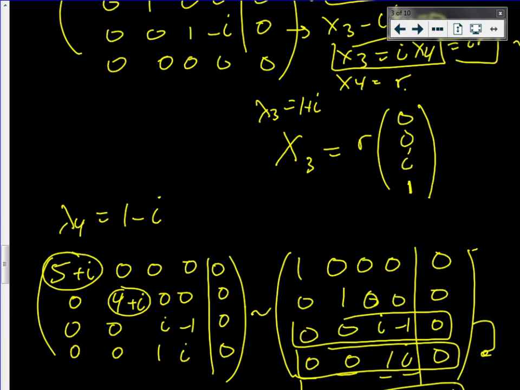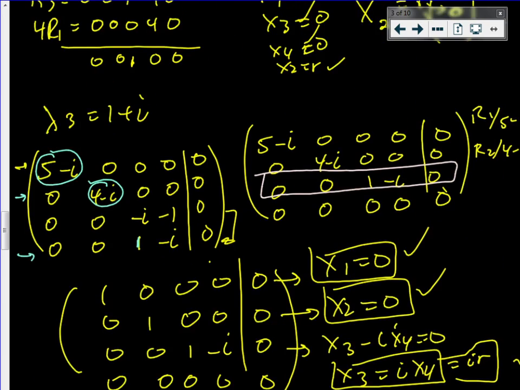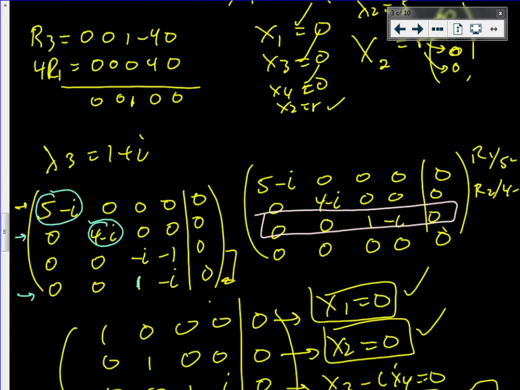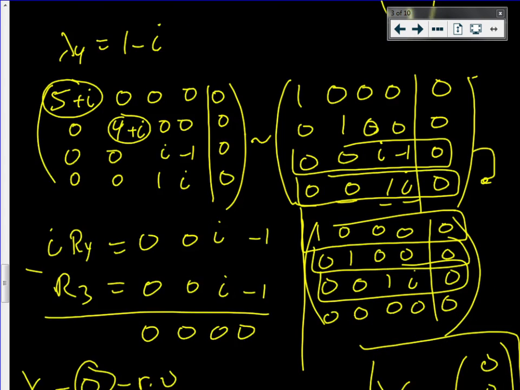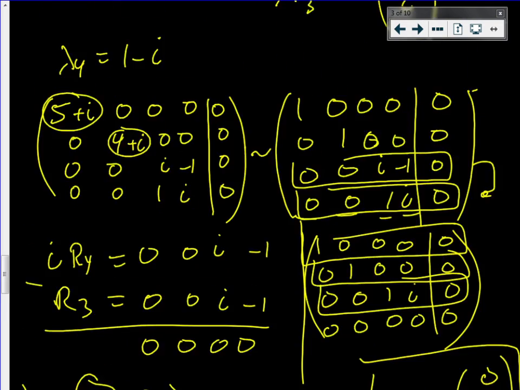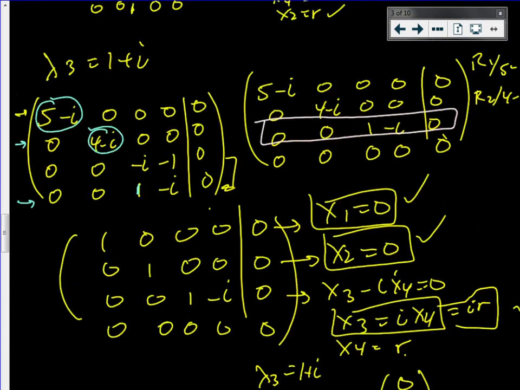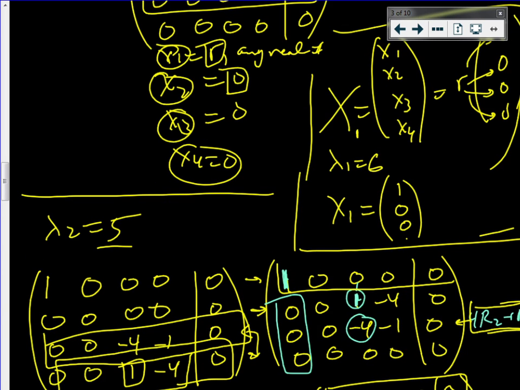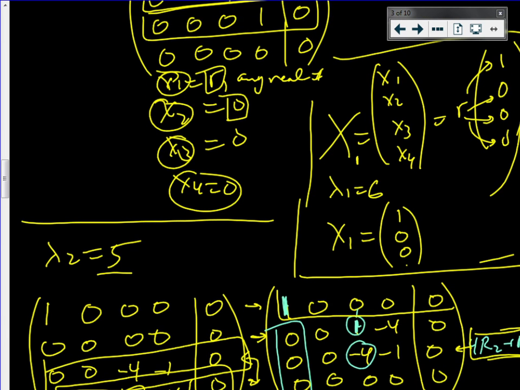Yes. x2 is right here. It's 0, 1, 0, 0. And x1 is, I bet it's 1, 0, 0, 0. x1 is 1 and then 3 zeros.